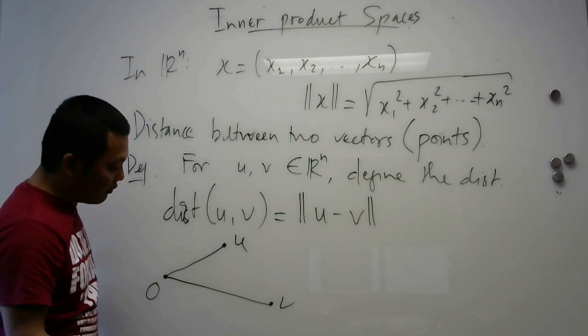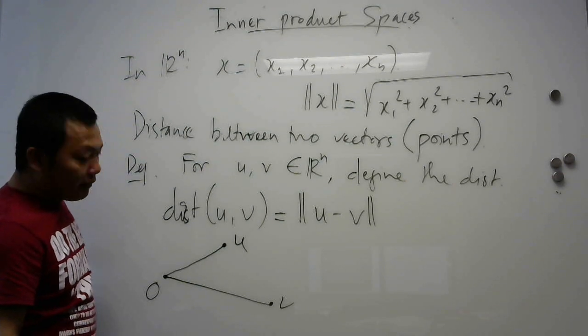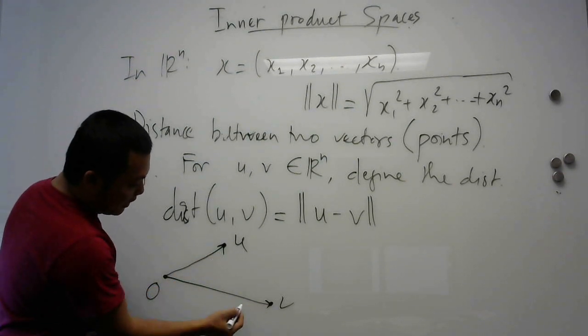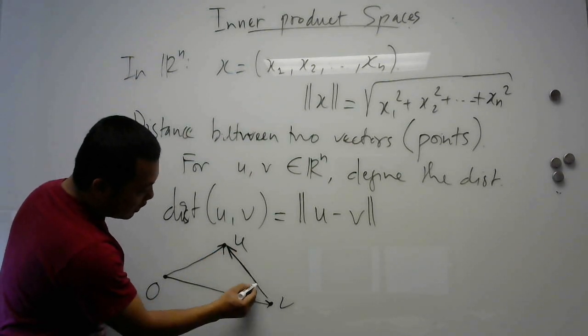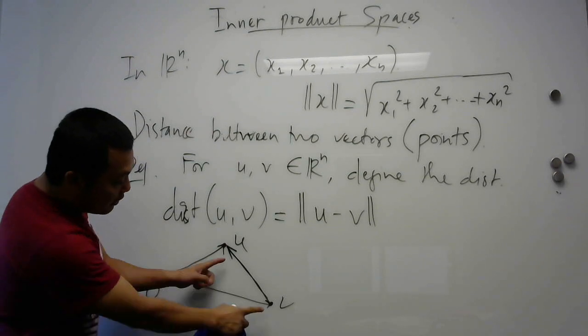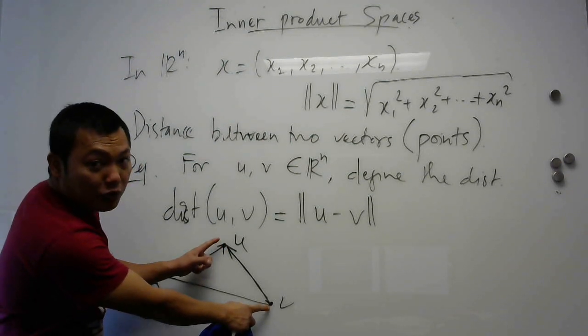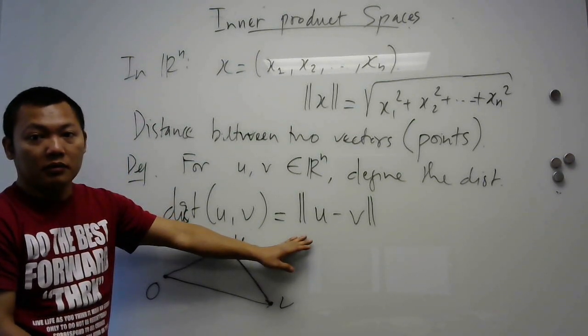So I consider u minus v or v minus u. That's the same, but let's say u minus v. What is u minus v? If we use this triangle, this is vector u, this is vector v. So u minus v is this vector. That means the norm, or the length, of this vector is the distance between these two points. That's why you have this formula. Make sense?